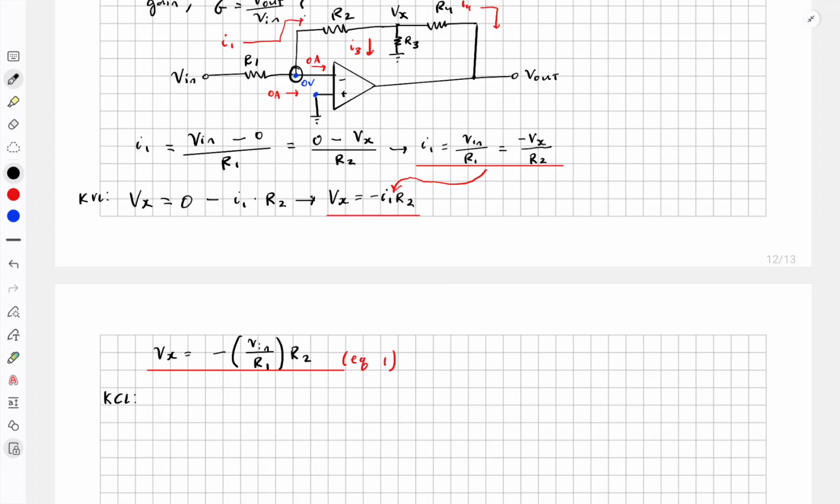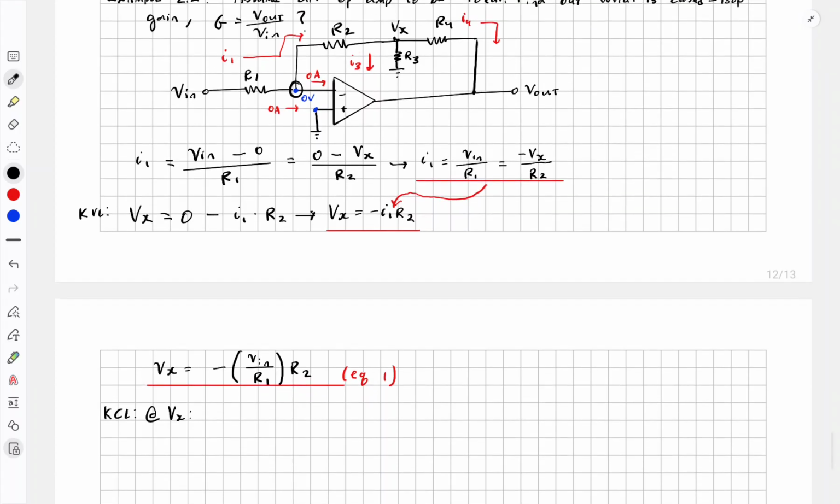So let's try that. At node Vx, you can see there are 3 current branches. Now KCL says current going in puts a minus sign, and current coming out puts a positive sign. So I1 is going into Vx, so it has a minus sign.